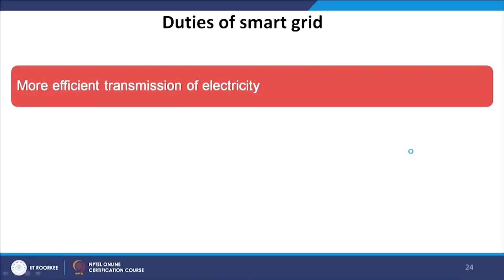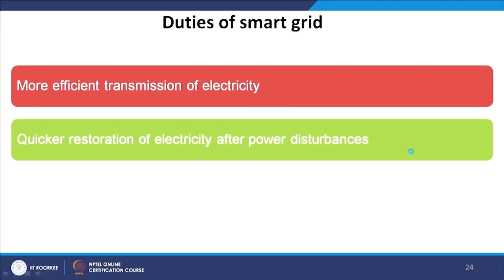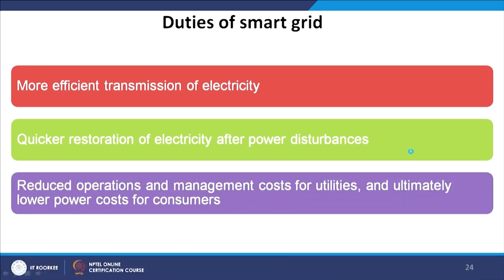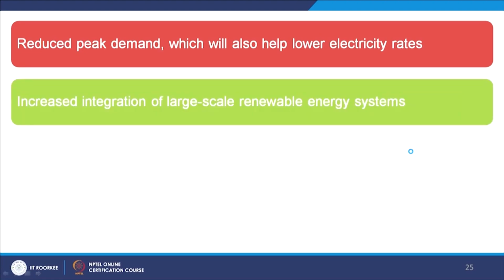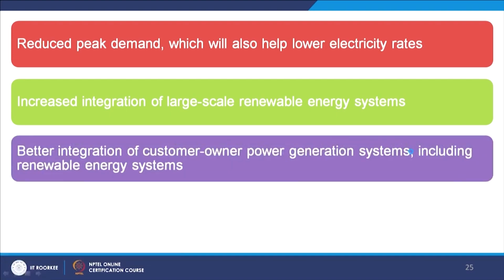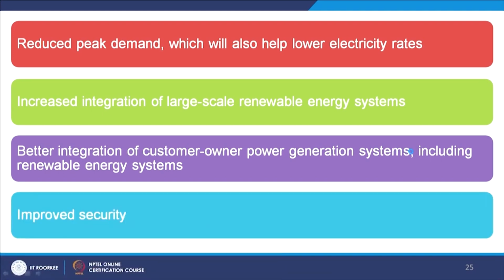Now, the major duties of smart grid are more efficient transmission of electricity, quicker restoration of electricity after power disturbances, reduced operation and management cost for utilities and ultimately lower power cost for consumers, reduced peak demand which will also help lower electricity rates, increased integration of large scale renewable energy systems, better integration of customer owned power generation systems including renewable energy systems, improved security.